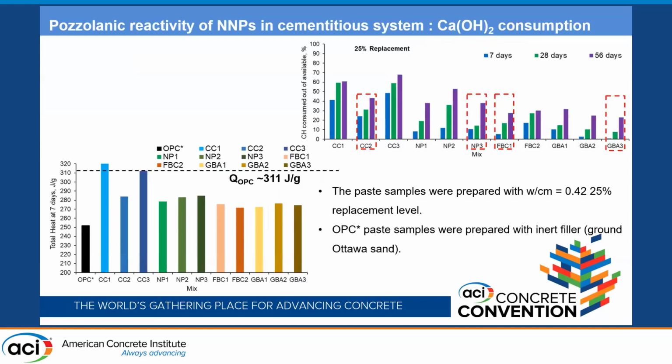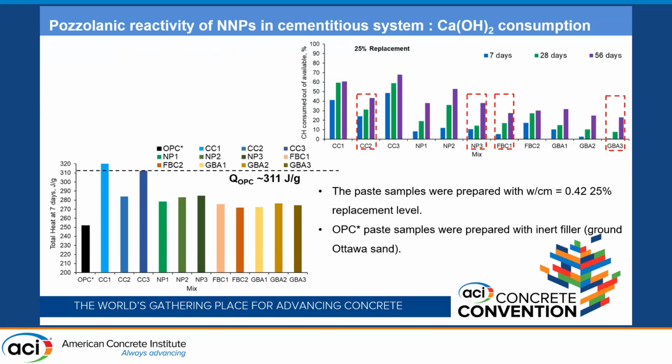Also, we tested those 11 materials for reactivity in terms of the heat of hydration at 7 days in the cementitious system, and consumption of CH, also in the cementitious system.